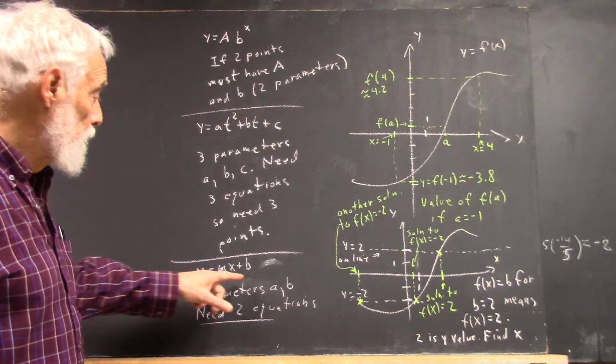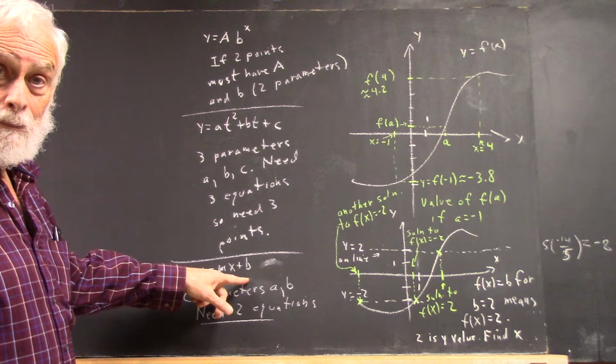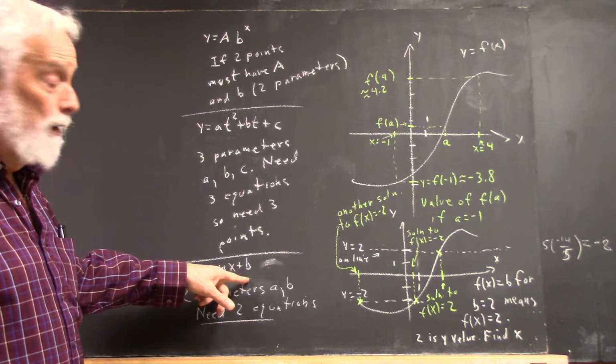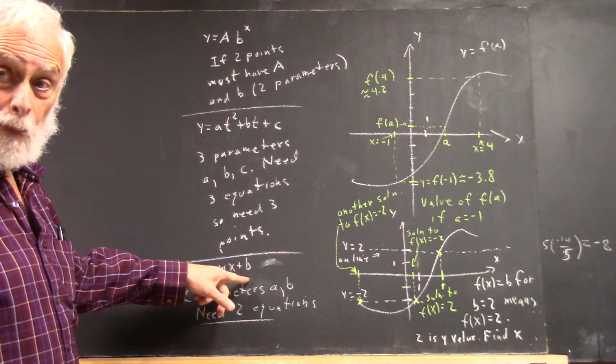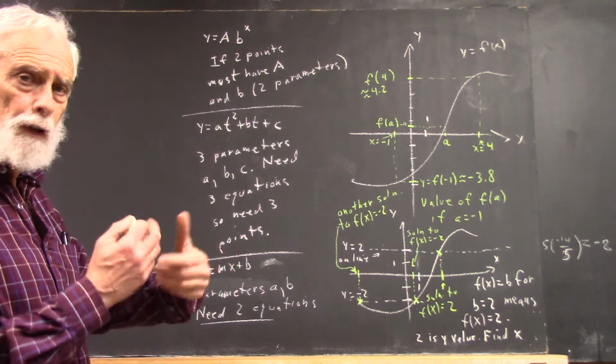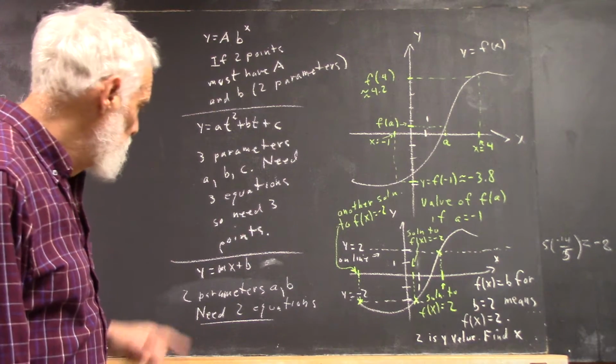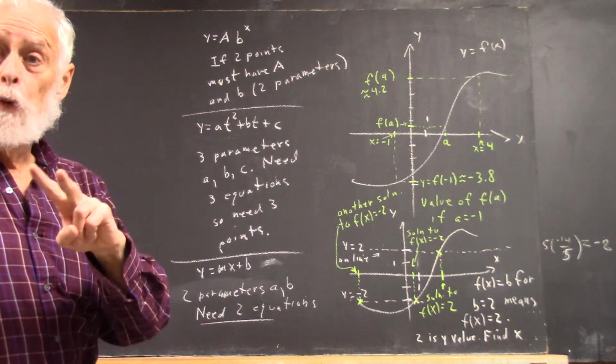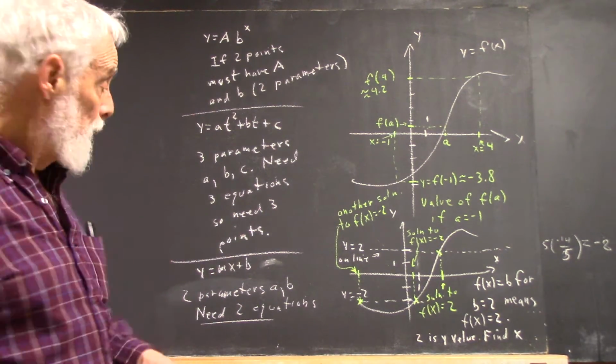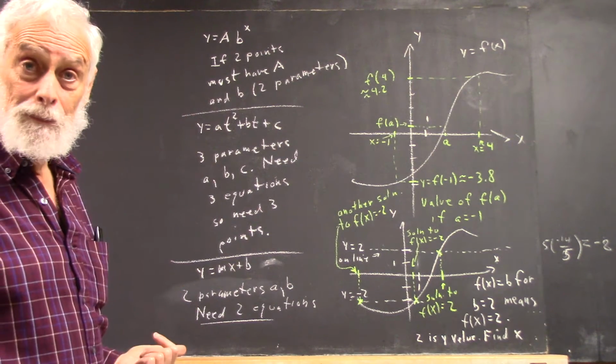Now, if you had y equals mx plus b, we didn't spend a lot of time doing it this way because we were concentrating on fundamental triangles and other meanings. But you could easily do it if you have 2 points. You plug them in and you get 2 equations.